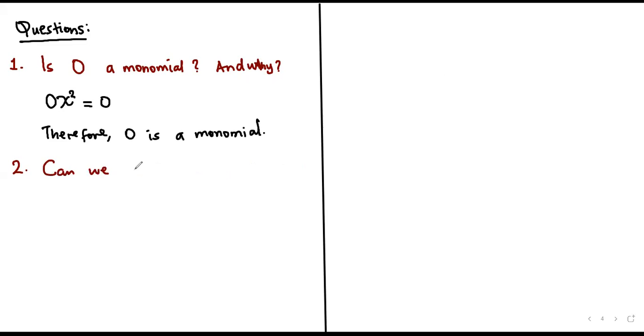Can we write 5x in form of 2 or more variables?